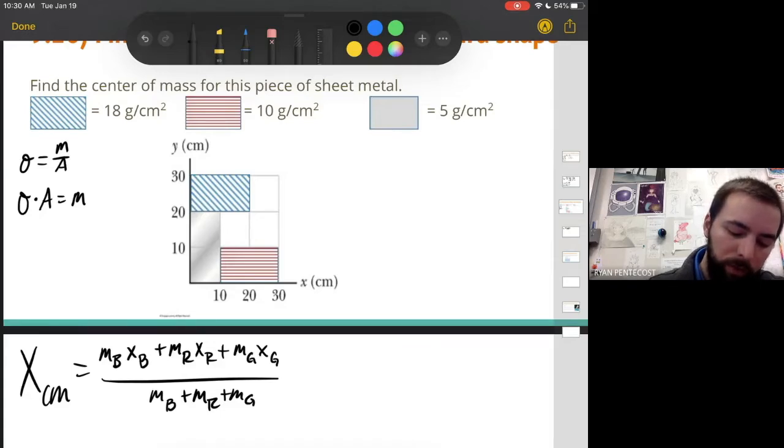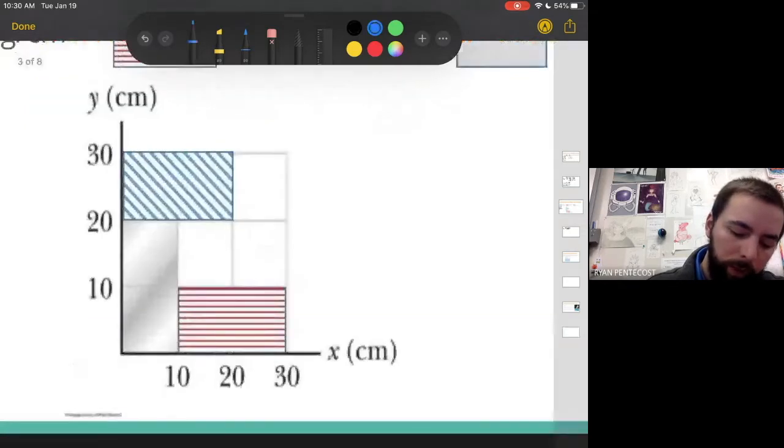For example, the blue is 20 centimeters wide in the x, so the middle would be 10. That's your center, since it's uniform density. Then it goes from 20 to 30 in y, so your mid-range there would be 25. So you've got 10, 25.